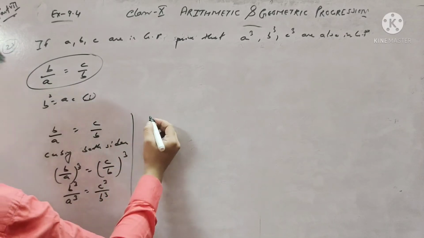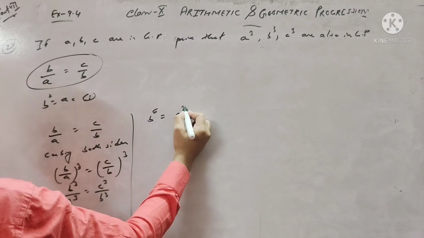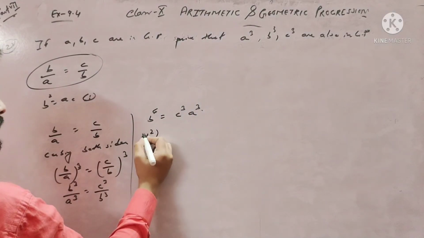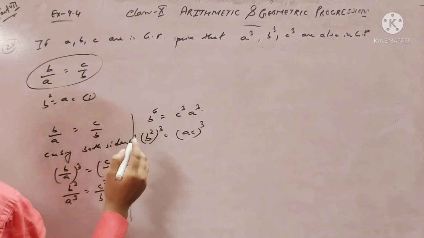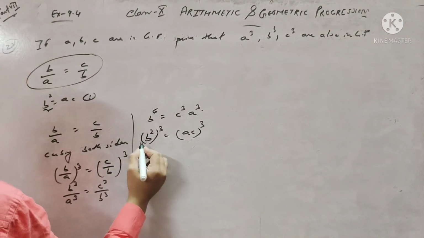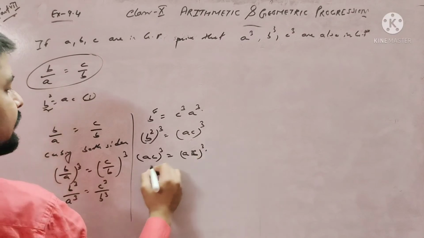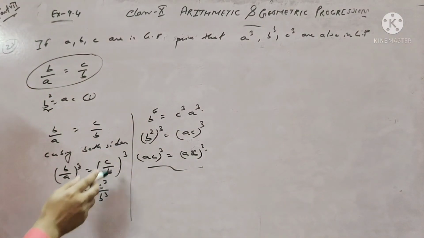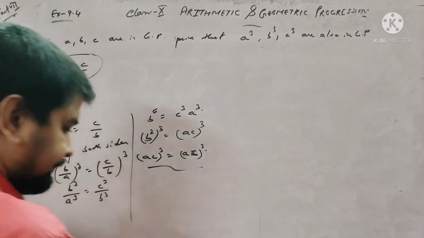So here you write b to the power 6 and c cube a cube, so b square cube and ac whole cube. In place of b square we write ac, so ac cube and ac cube. You see this one is equal. That means this portion a cube, b cube and c cube is also in GP. Note.